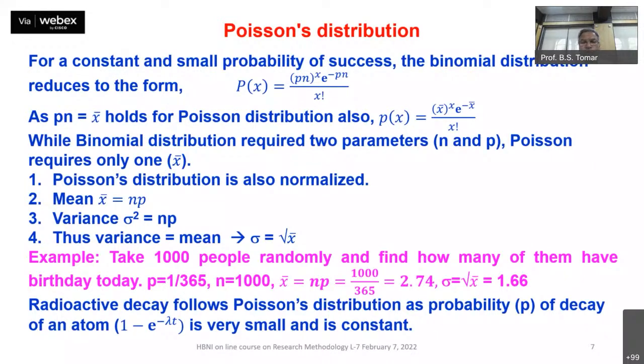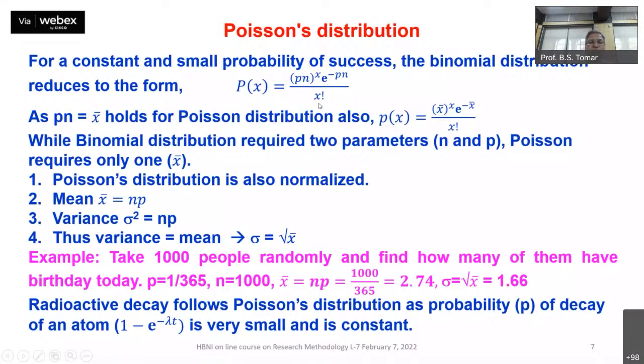Another useful distribution is the Poisson distribution. It can be derived from the binomial distribution under certain conditions. When we say np, the mean for the binomial distribution is np. When the probability p is very small and constant, then the binomial distribution can be reduced to a form which is the Poisson distribution: P(x) equals (pn) to the power x times e raised to minus pn upon x factorial.